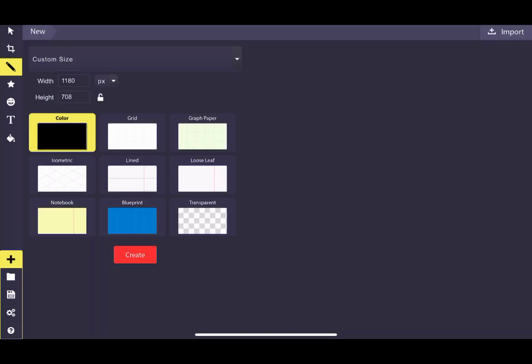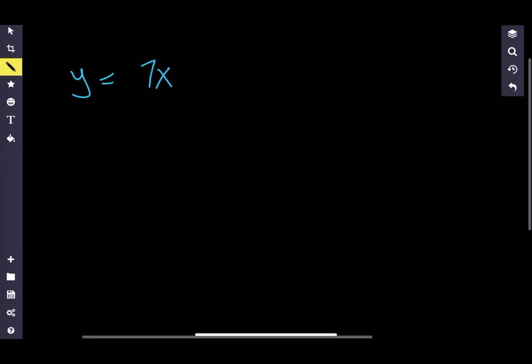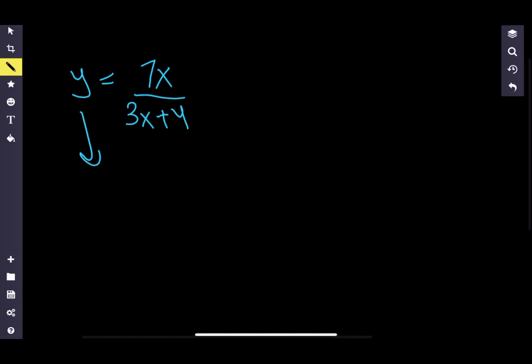Let's do the final problem. I'm going to try to make this one tricky. So let's say we have y is equal to 7x divided by 3x plus 4. Once again, if we want to find the inverse of a function, just swap the x and y values.